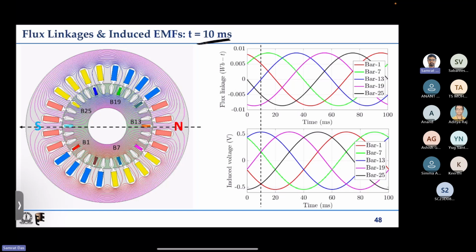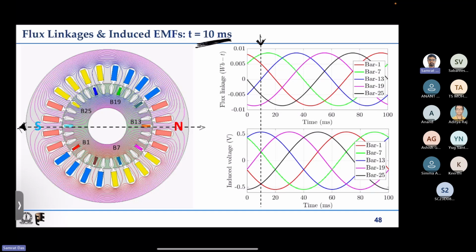So let us fix t equal to 10 millisecond, that is this instant. At this instant the stator magnetic field is here, because we know that at t equal to 0 stator magnetic field starts here, that is right hand side, along x axis. After 10 millisecond, that is half a cycle, it will come to 180 degree, that is here.